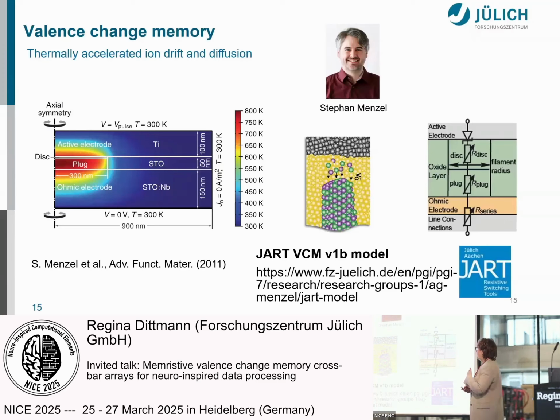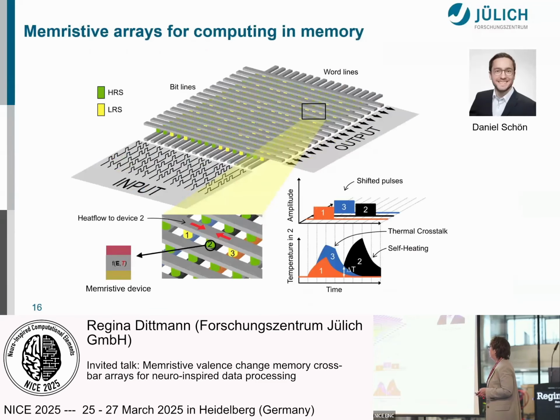Now these models have been used to simulate what goes on in crossbar arrays, where the memristors become very close together, and the Joule heating taking place during the switching process of one selected memristor might influence the surrounding memristors.